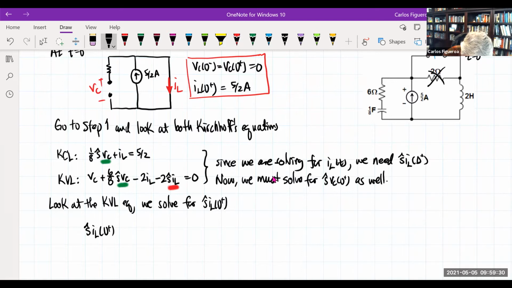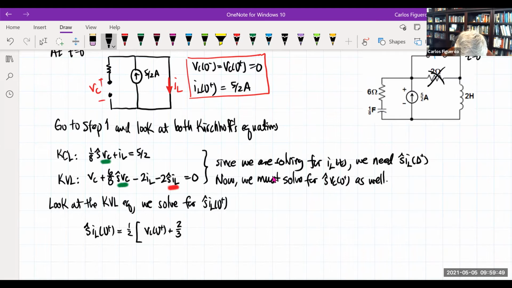And then I'm going to take it to the other side. Note that it has a 2 here. So there's my 1/2 right there. And then I'm going to get the expression VC of 0 plus, what is that? 2/3, right?